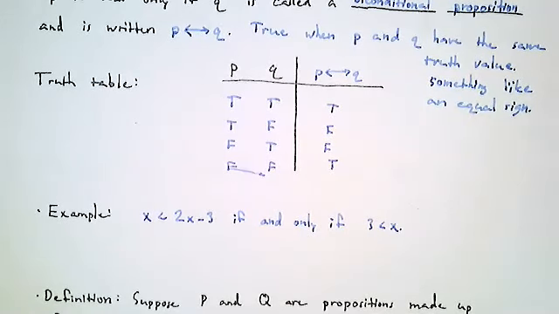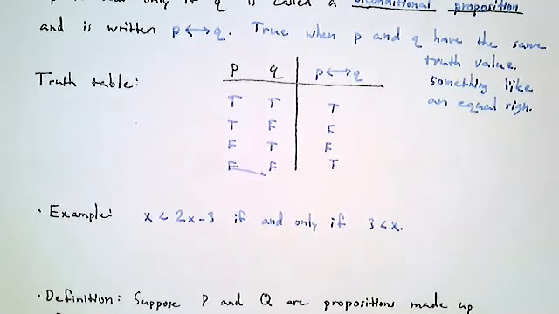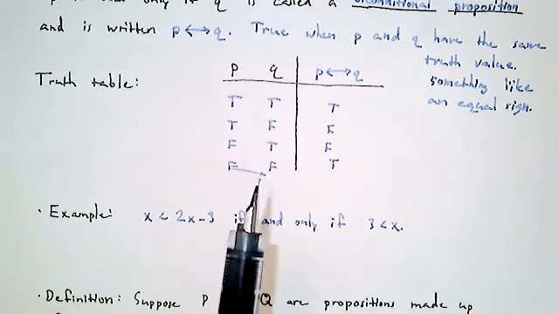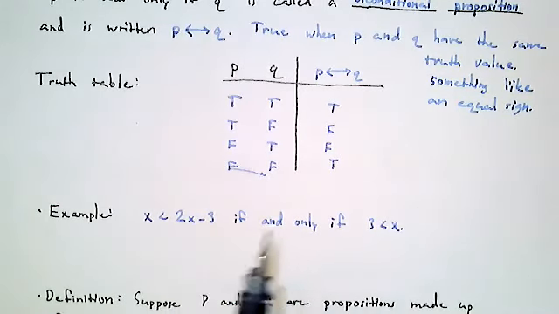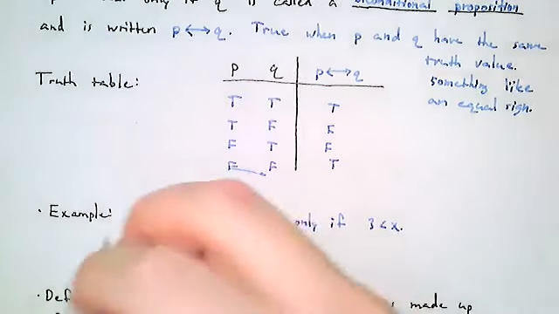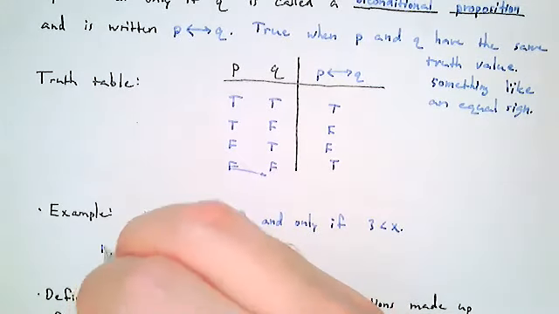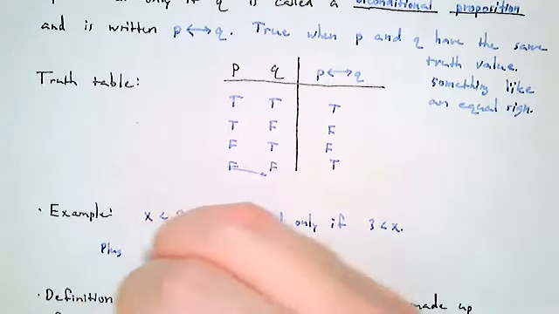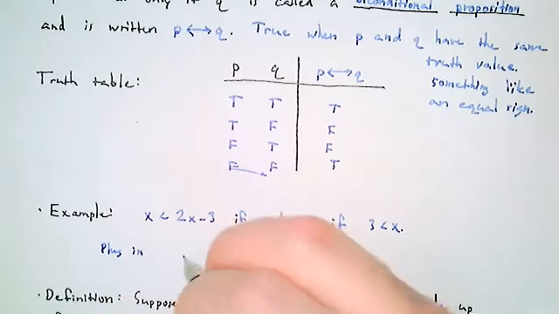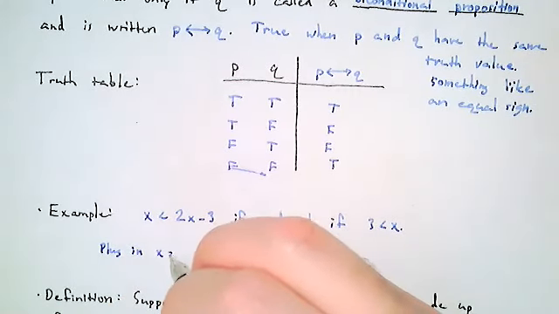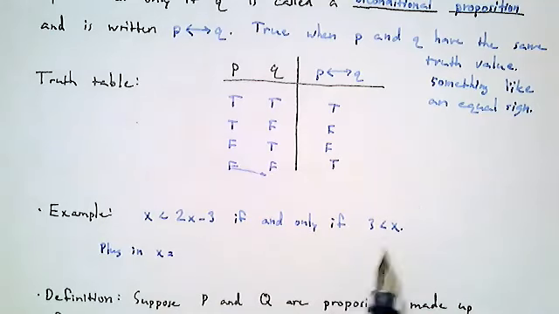So let's think real quick about why this should be true even if we have two falses. So what I want to do is plug in a number, and we can pick anything that'll make this false.